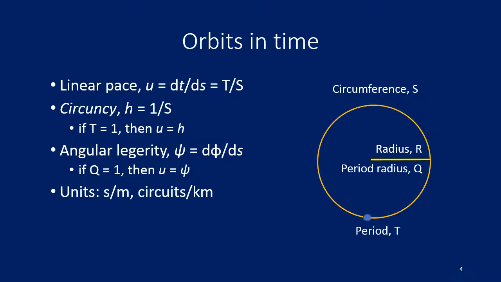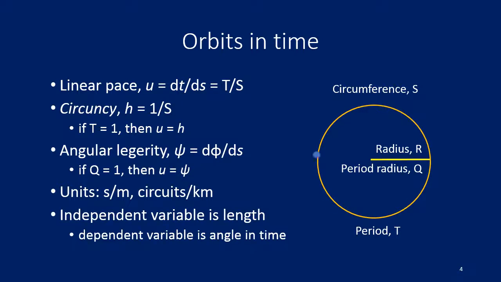The units here are seconds per meter, or what we might call circuits per kilometer. And the independent variable here is length. So the dependent variable is the angle in time. So we see that space and time are exactly parallel.